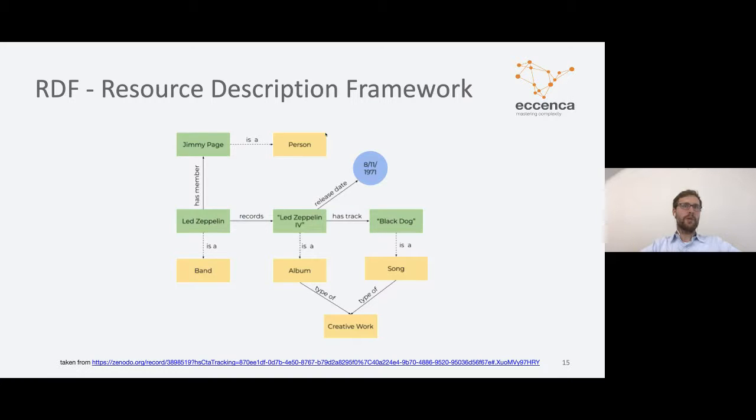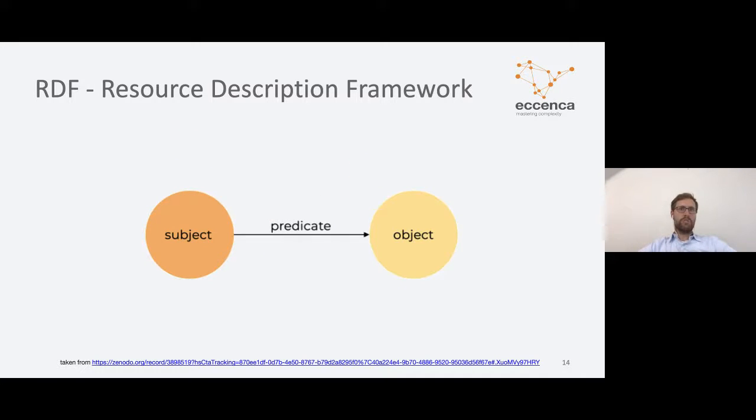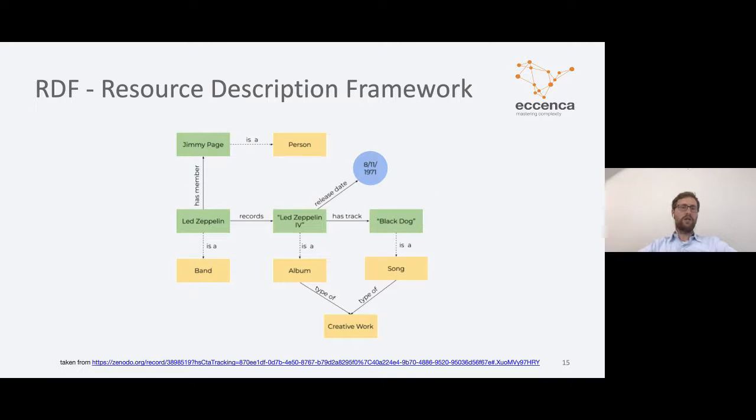Then my triple store is directly capable of preserving all those three elements for each statement. A triple store stores triples, these subject-predicate-object relations. So all the defined classes and predicates can be directly consumed by a triple store.